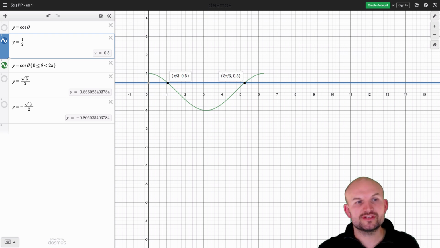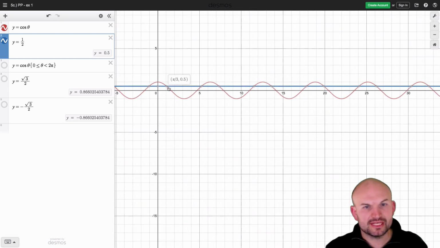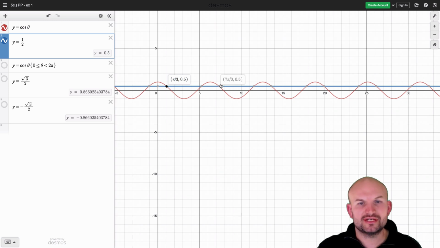But when I say all the solutions, now I'm asking for every single time that blue line crosses the red line. So how do you write that? Well, one thing we can look at is I kept on saying add 2 pi, add 2 pi. Another way to look at that is to look at the difference between these angles. If you pick angles that are on the same side of the curve, these are all to the right of the hump. Look at the difference between these. Here's pi over 3 plus 6 pi over 3 plus 6 pi over 3 plus 6 pi over 3.